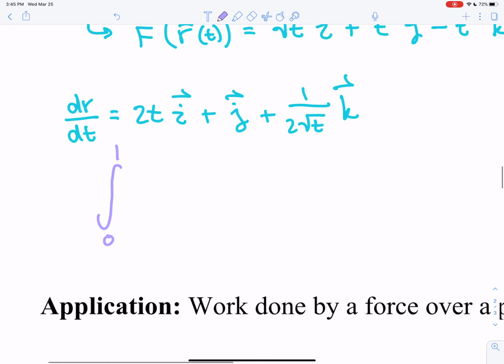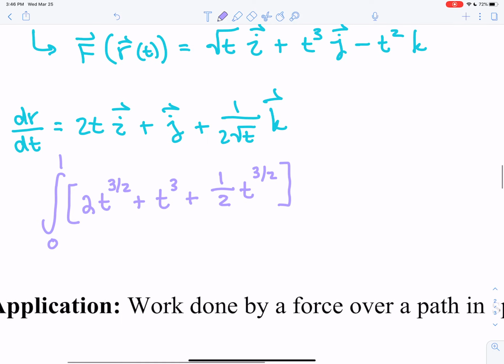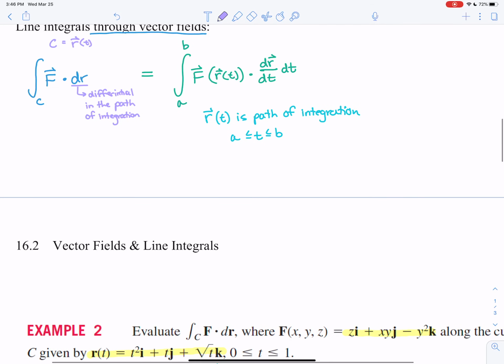So in this case, that will become 2 times t to the 3 halves, so 2t to the 3 halves plus t cubed plus 1 half t to the 3 halves, all of that dt. All right, so I combined the dot product into one step. So I have the entire integrand solved for.